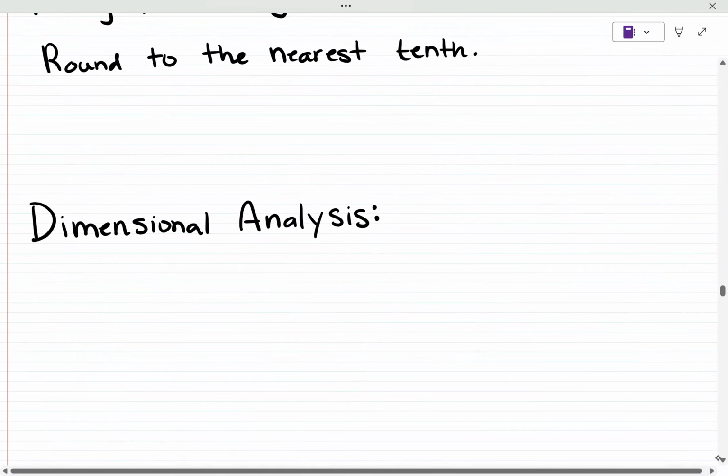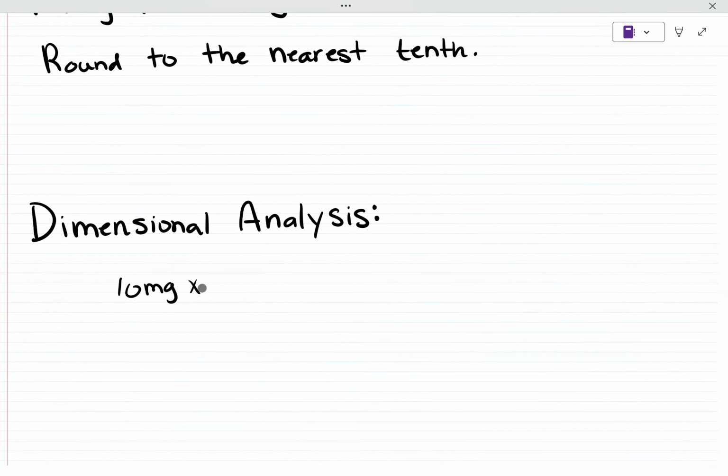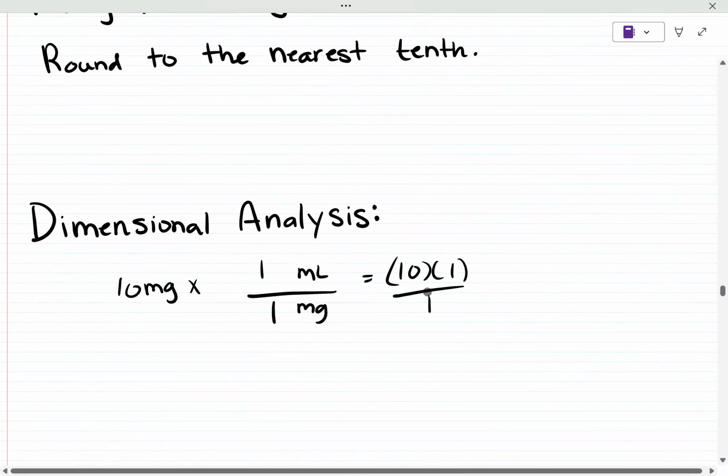Let's start with dimensional analysis. We start out with 10 milligrams times a fraction, with milligrams on the bottom and milliliters on the top. So for 1 milliliter, there's 1 milligram. That's going to be 10 times 1 over 1. That's going to be 10.